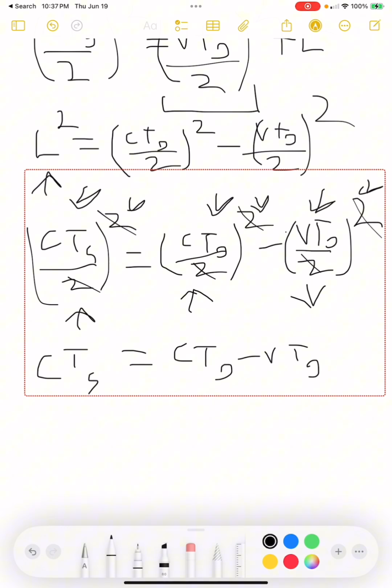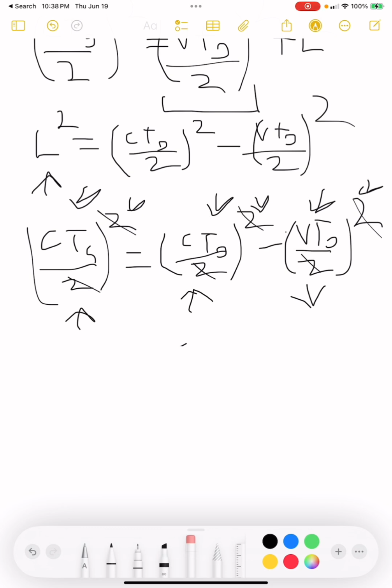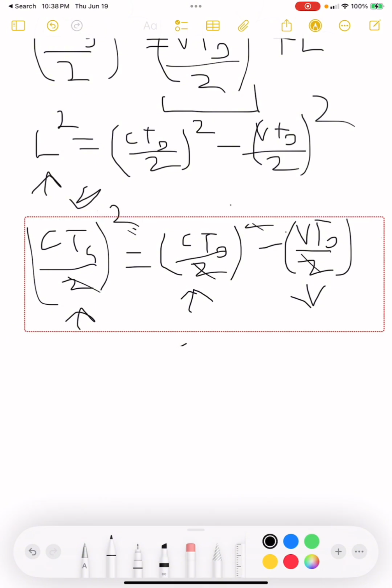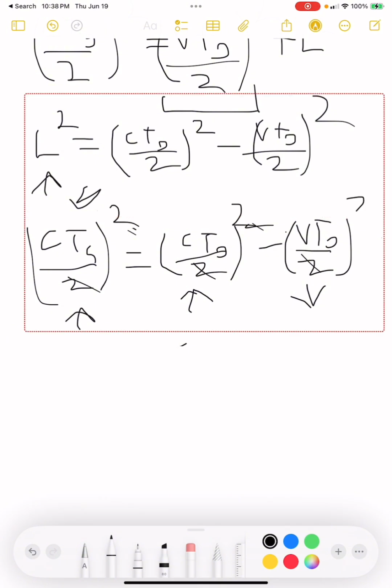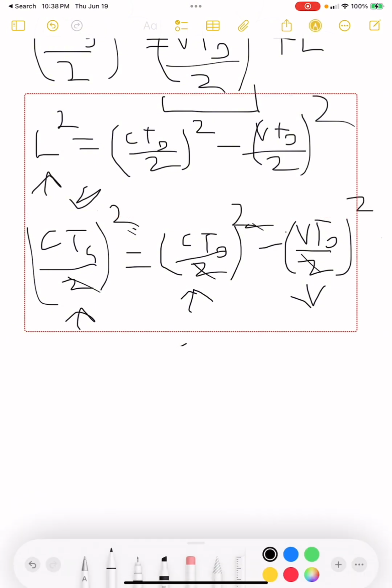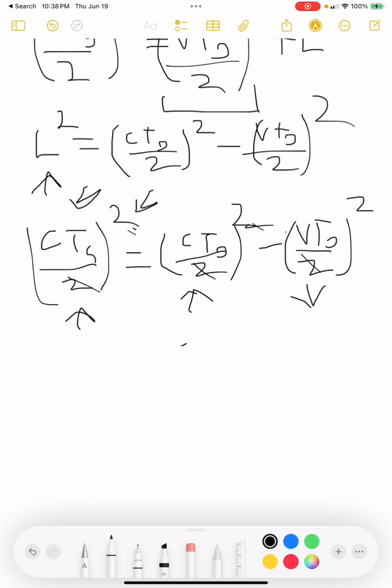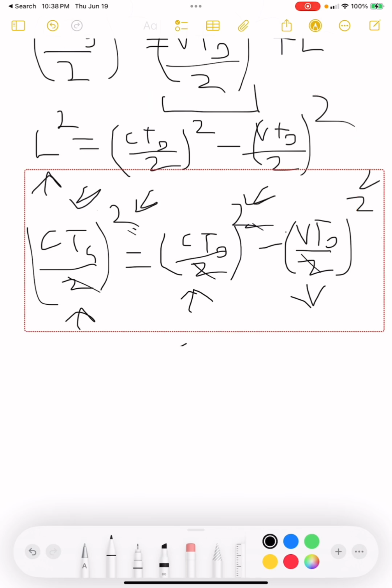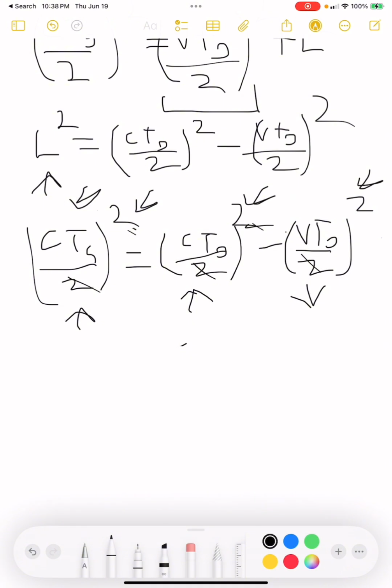Now we can factor out a t of 0. Let's keep this squared, because I am actually not sure if we can cancel these out. Nope, I made a mistake. We cannot cancel these out, as a matter of fact. That was my mistake, sorry.